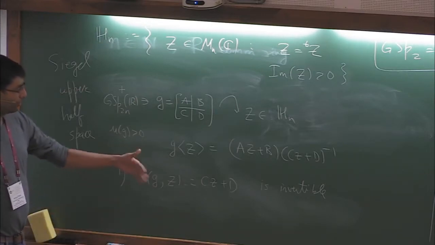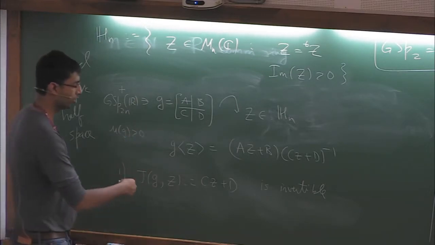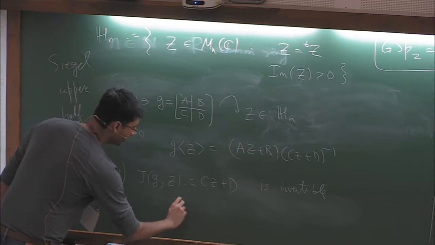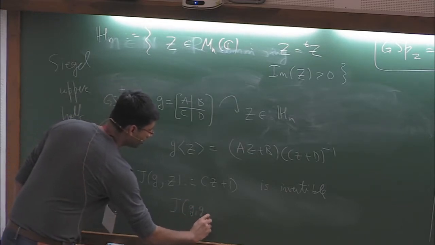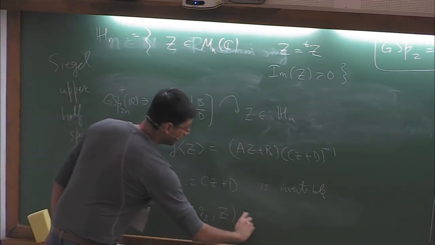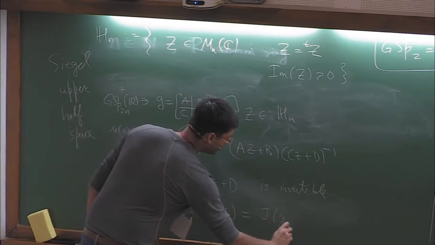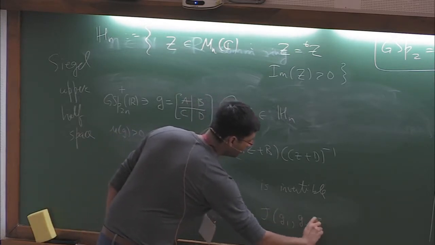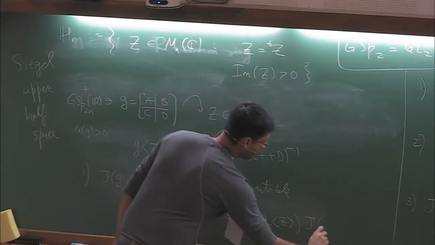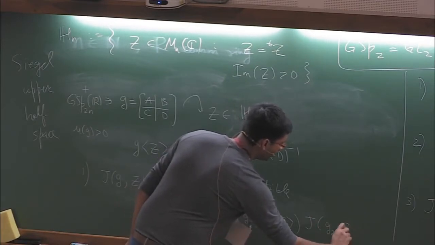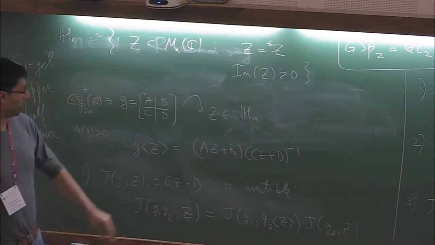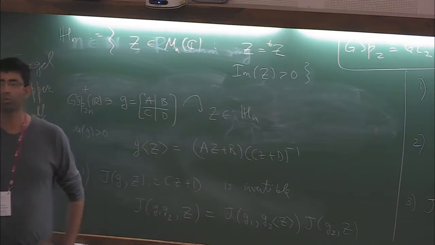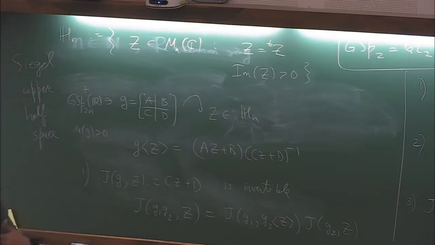After you show it's invertible, you can show a nice cocycle relation: for g1, g2 acting on z, j(g1 g2, z) is j(g1, g2 z) times j(g2, z). As soon as you can define gz, you can prove a cocycle condition. This is very straightforward right from the definition of gz.